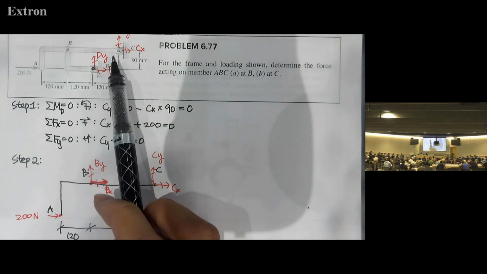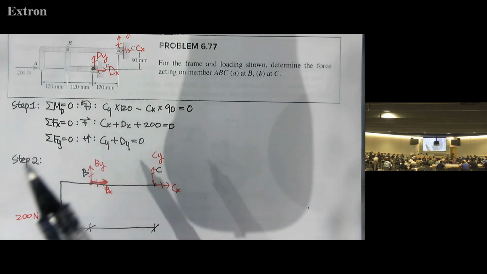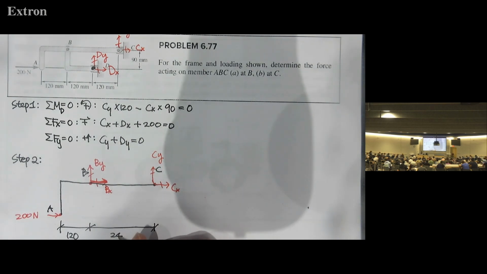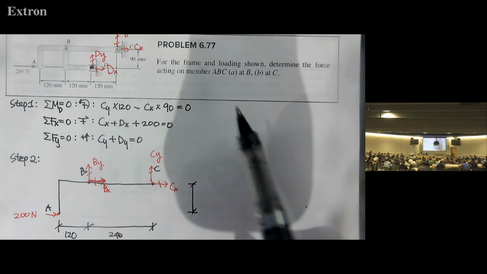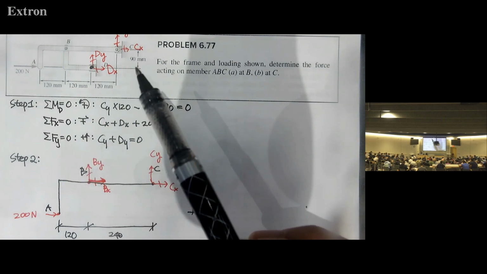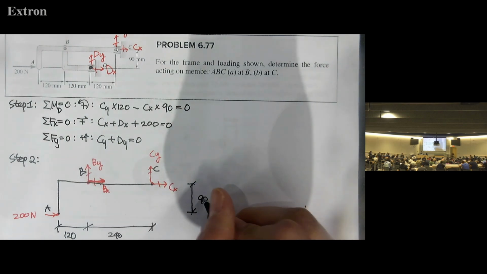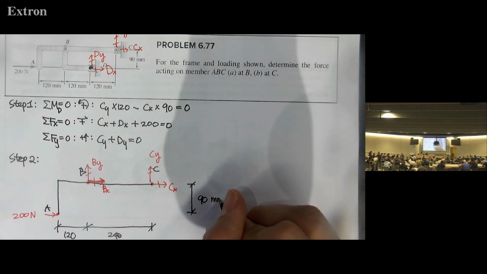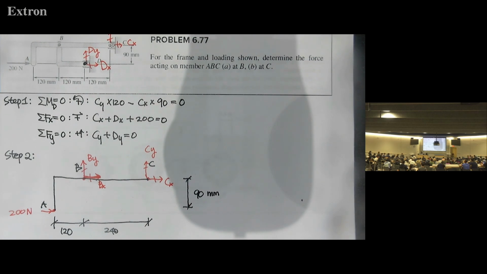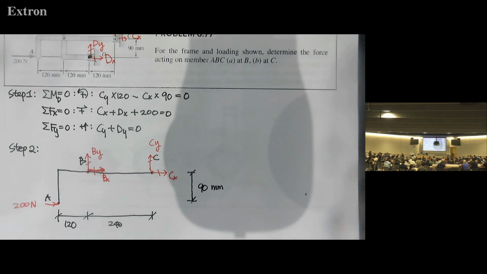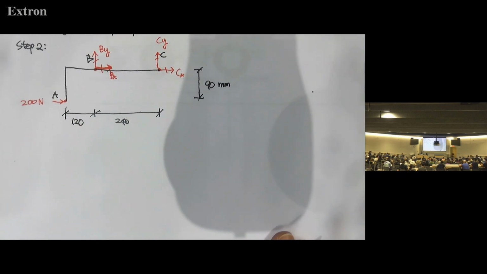Between B and C we have 120, so 240 millimeters. And between A and C, the vertical distance here is 90. Okay, so this is the local free body diagram.